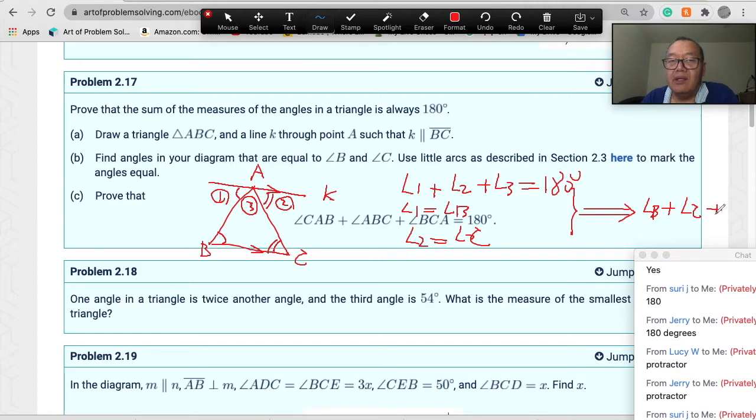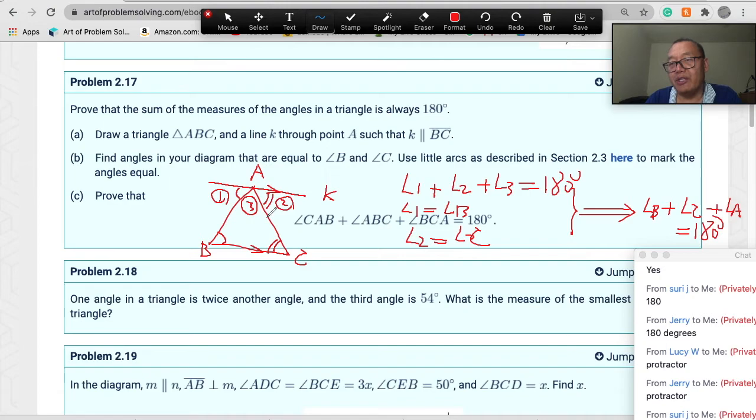Then angle 3 is actually angle A, right? This one gives you 180 degrees. So that means we proved the sum of the three interior angles of a triangle equals 180 degrees, right?